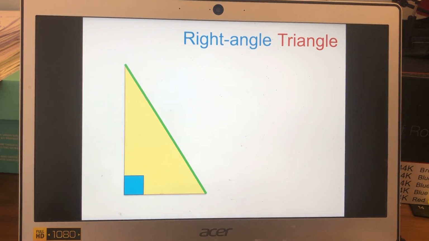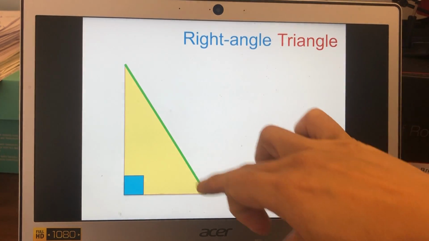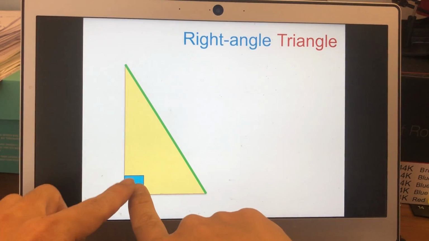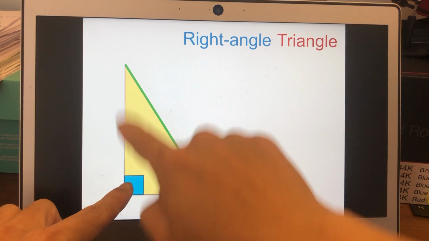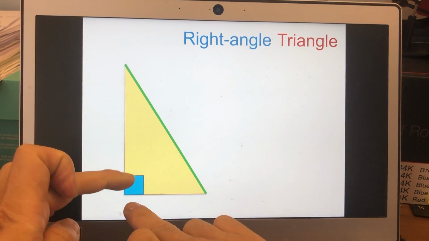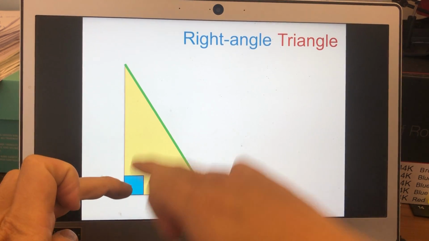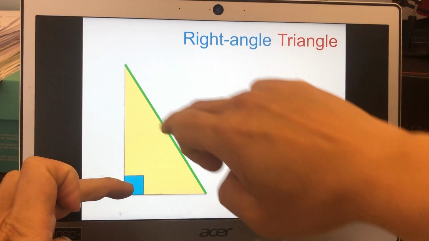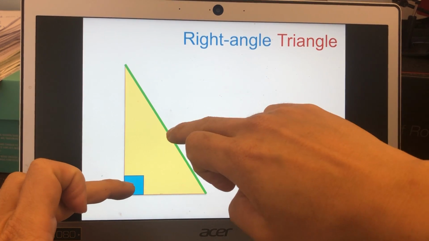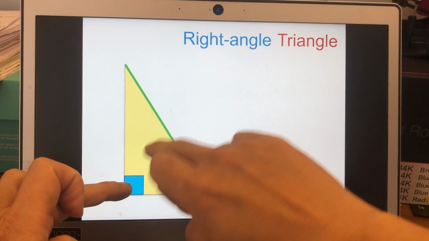So they have a name. First of all, the one which is opposing to the right angle. You see the right angle is here. This side is next to the right angle. And also this side is also next to the right angle. But this one doesn't touch the right angle. It is opposing the right angle, right?